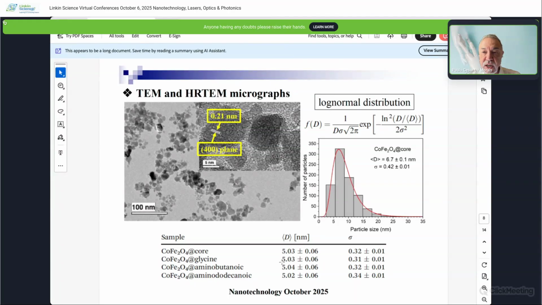So the core size doesn't change actually, which means the surface coating process, which is a chemical process, does not change the core morphology of the system.